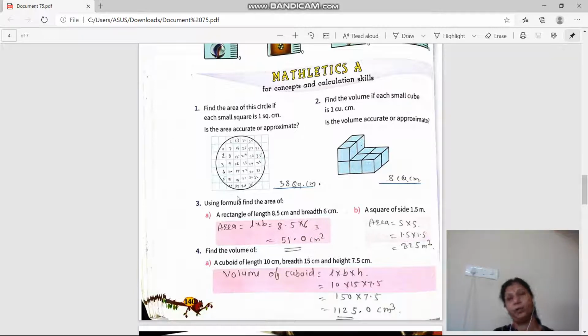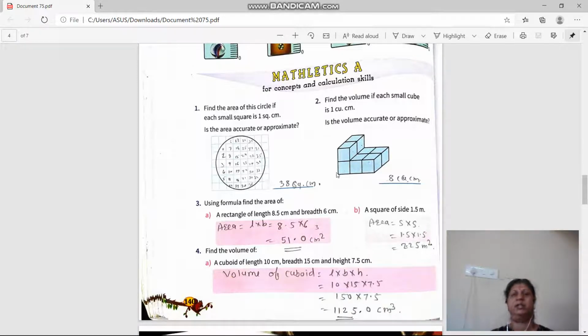No, it is approximate. Fine. So I have written here, but you have to calculate it yourself with the help of a pencil. Okay, 1 2 3 4 5, if you calculate it like this, then there are 38 squares, so it is 38 square centimeter. Okay, so please calculate yourself and then match with me.